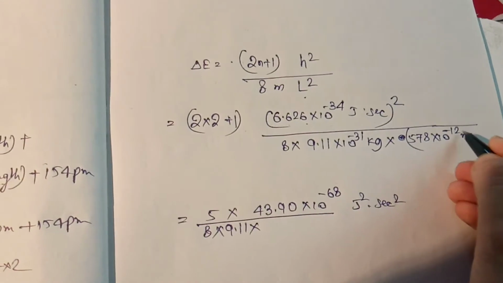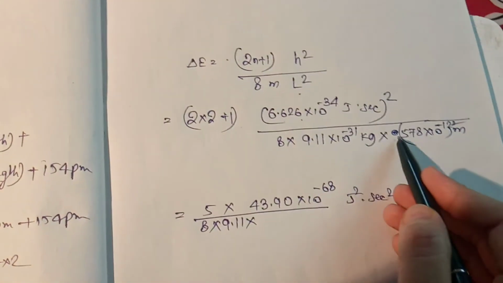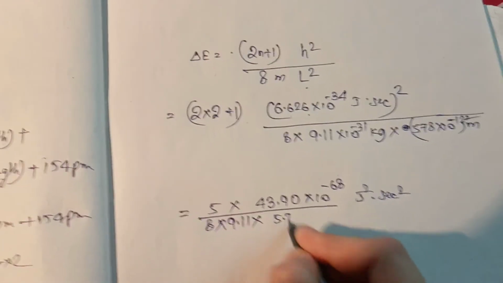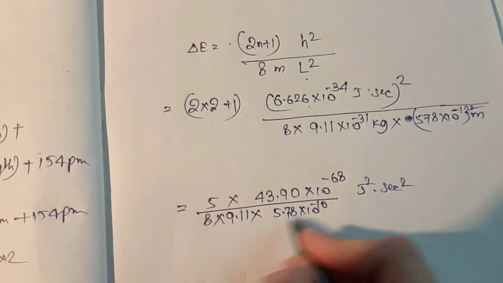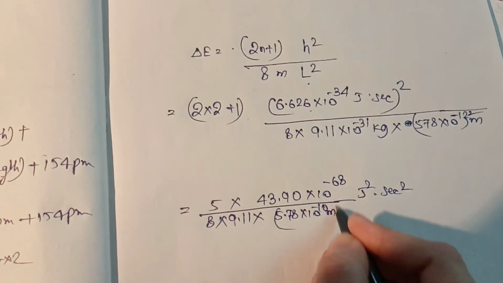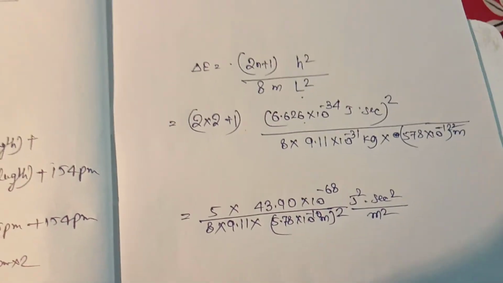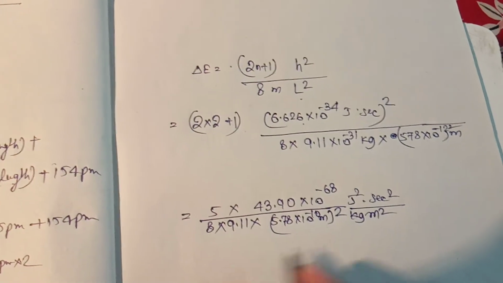Oh, there was a square, my mistake, square. First we will write 578 as 5.78 into 10 to the power minus 10, meter whole square, and here it is meter square, and here we have kg because of the mass of the electron.